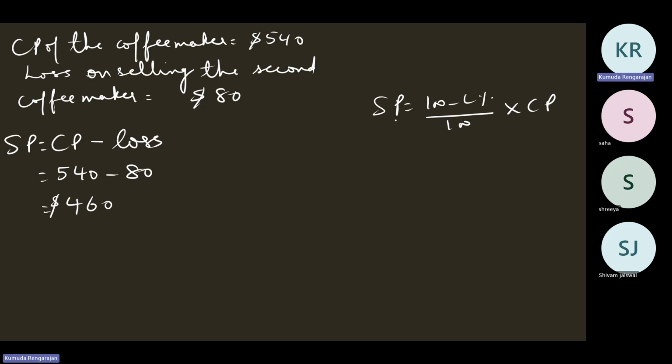But you're given the loss in terms of money, in terms of dollars. So SP is equal to CP minus loss. So 540 minus 80, which is $460.